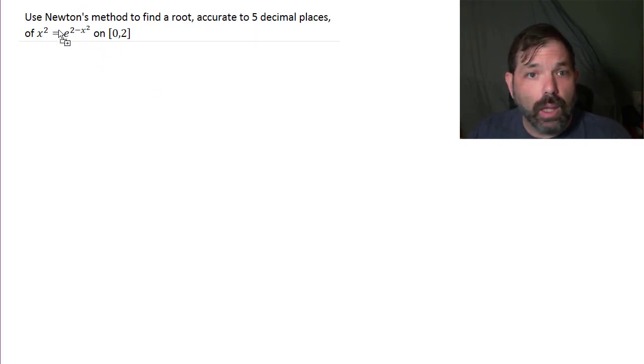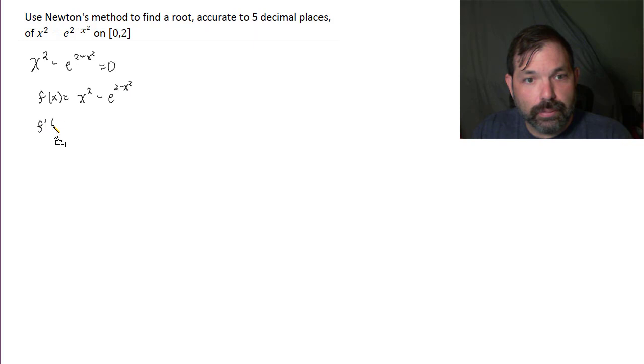All right, so like before, I will first rewrite this. This is equivalent to writing x squared minus e to the 2 minus x squared is 0. And so then the function is x squared minus e to the 2 minus x squared, and its derivative is then 2x minus e to the 2 minus x squared times negative 2x.